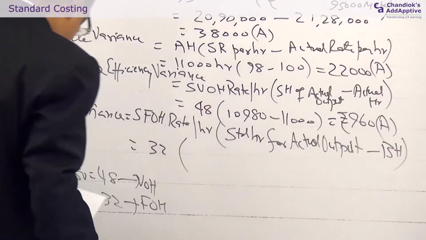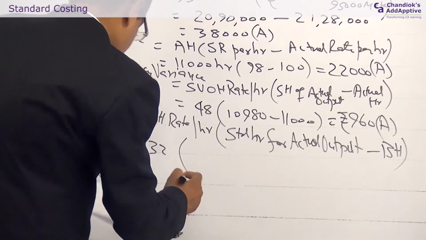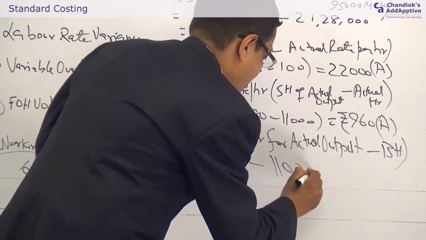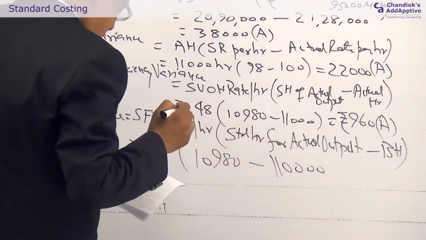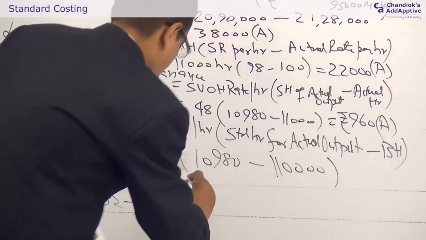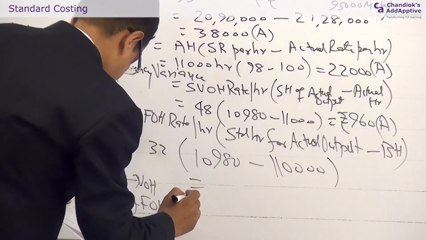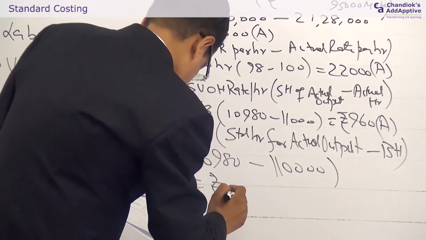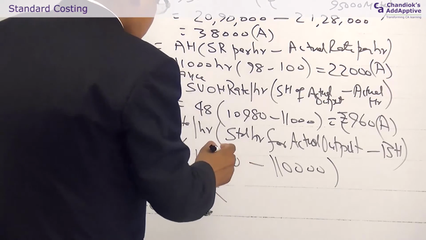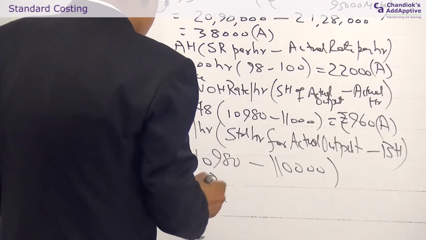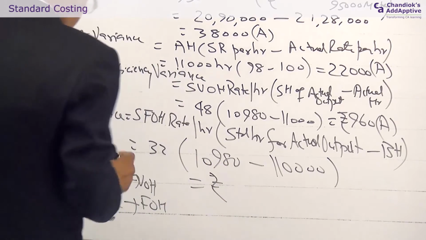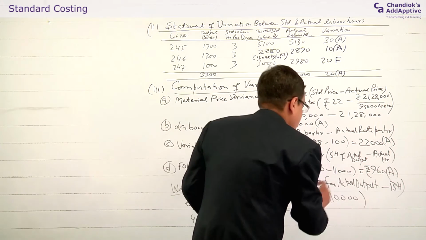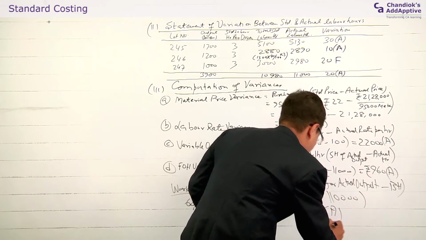The standard hours for actual output are given as 10,980 hours and this is 11,000 hours. So, if you solve it, this is 20 into 32, which becomes 640. So, 640 is adverse.